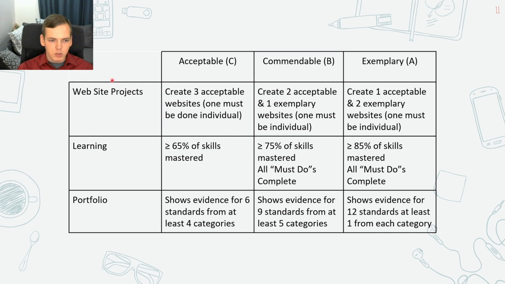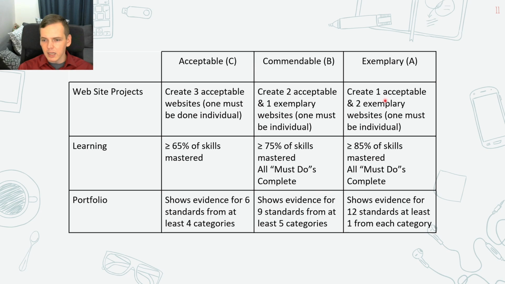The 3 things we're doing, first of all, ironically it will be in second quarter, are the website projects. There will be 3 of them, and I expect those 3 websites to meet acceptable standards, and there'll be a rubric for it. It'll all make sense once we start getting closer. For a C, 3 of those should be acceptable. For a B, 2 should be acceptable and 1 should be exemplary.